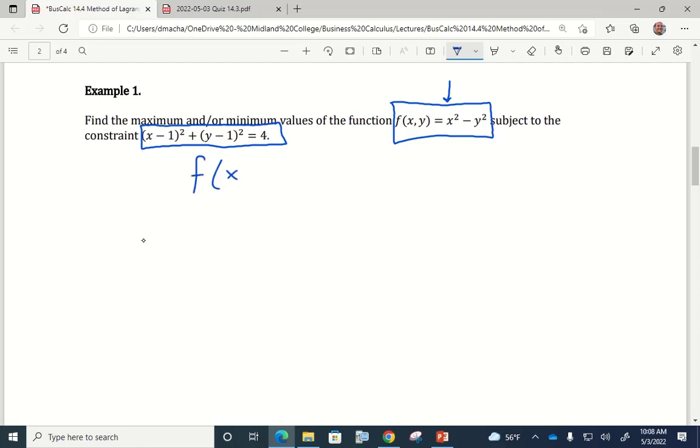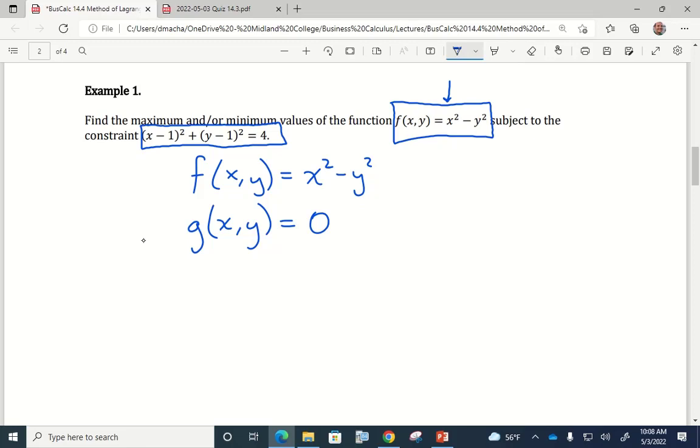So this is the function I'm trying to optimize. My constraint equation, before I start my whole procedure, like in step 1, I need to make my constraint equation look like some function of x and y equal to 0. And I said it was very important that one side of this constraint equation is 0.